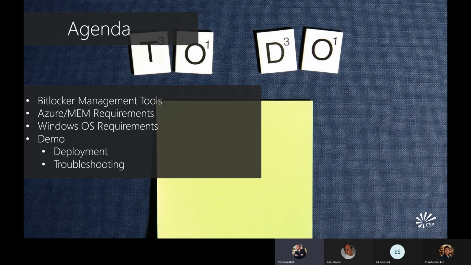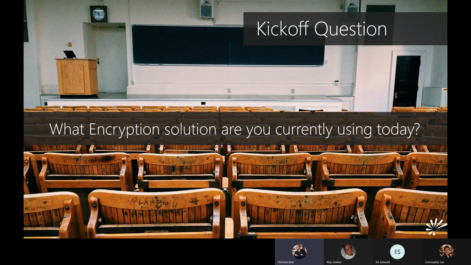Without that, we're just going to go ahead and hop right into this. I like to always start off my presentations with a question and see what encryption solutions anyone's using today. Is anyone using BitLocker? Are we using maybe another product like TrueCrypt or McAfee? I can say I've seen customers using Sophos and Symantec for drive encryption in the past.